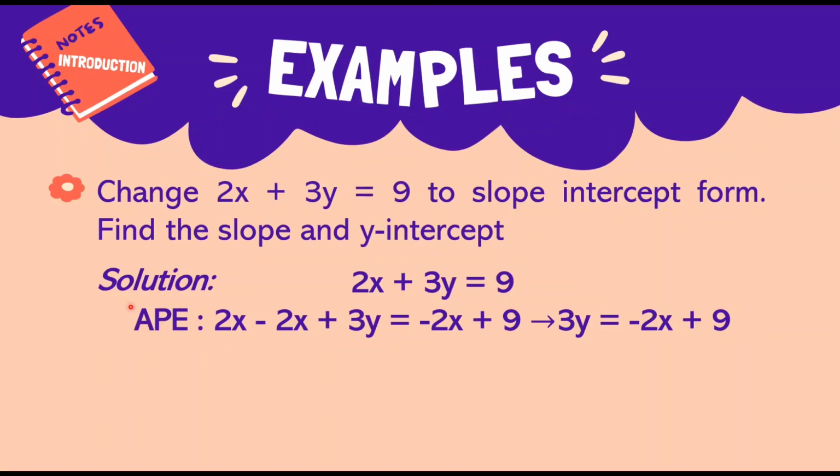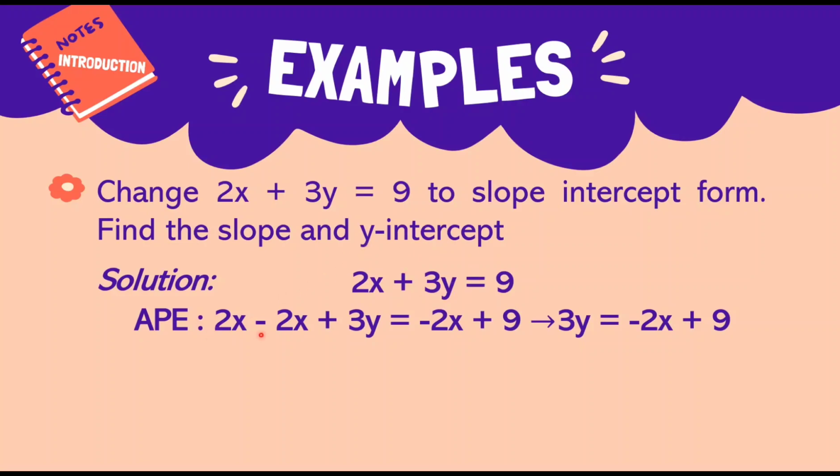Kasi di ba, dun sa ating definition of addition property of equality, we can add or subtract a certain variable or a constant number to both sides of the equation, because it does not affect the equality of the equation kapag parehas natin ginawa to both sides. So let us have this. We have 2x plus 3y is equal to 9. Syempre, kailangan mawala yung 2x para ang matira na lang ay yung variable y sa ating left side.